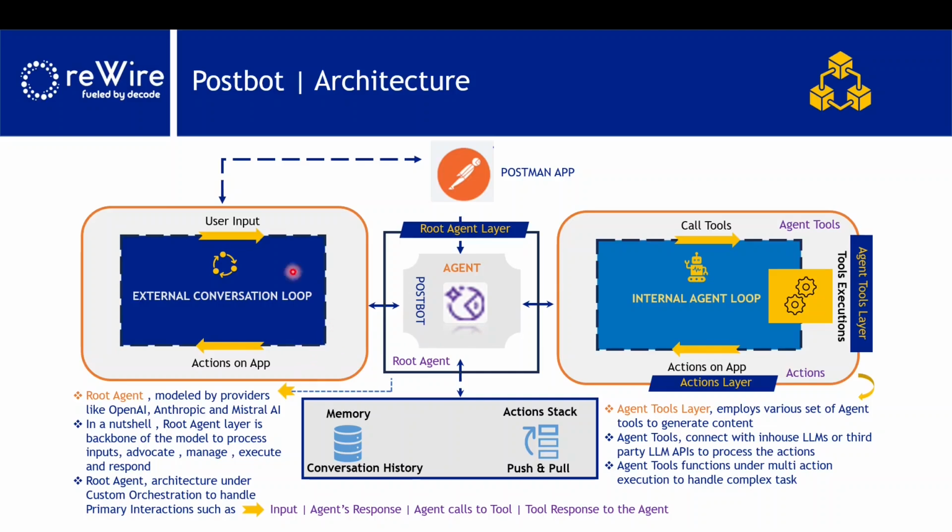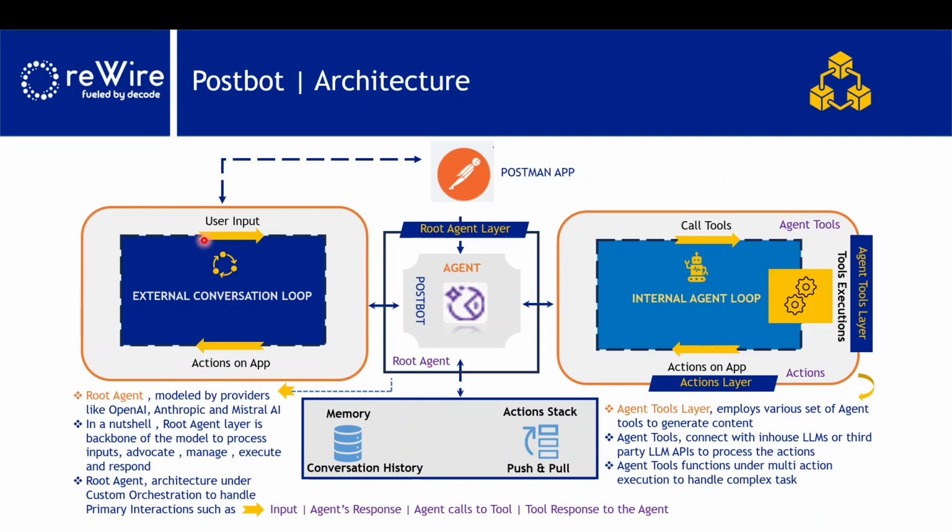The inputs coming from the Postman app side will be dealt with as an external conversation loop. If it is a right input, that will be taken care of. If it is wrong, it will get the response back to the end user. That will be taken care of by this external conversation loop.